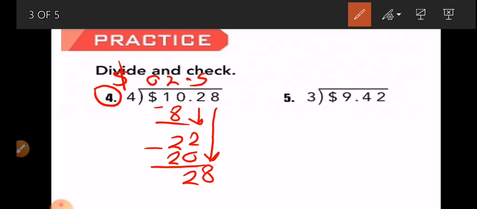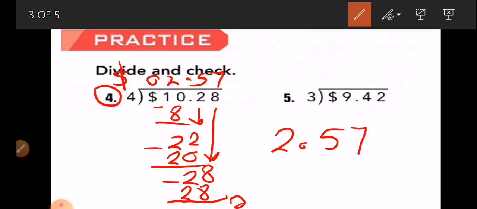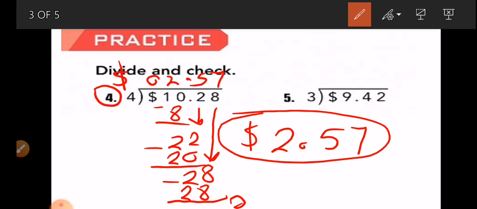Now, 28 divided by 4, do you have it in your multiplication or something near to it? Yes, I know that 4 times 7 is 28, so I will put 7. I will have 28 and remainder 0. So the answer is 2.57, or 2.5700. And don't forget the dollar sign because it's money.